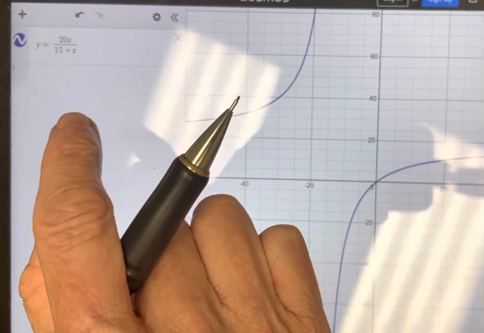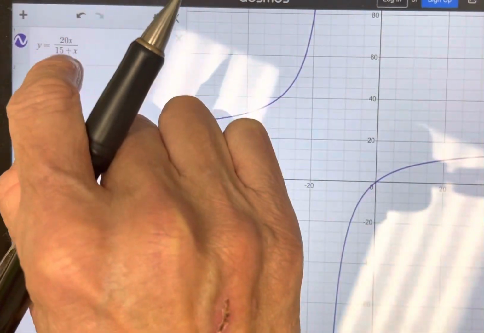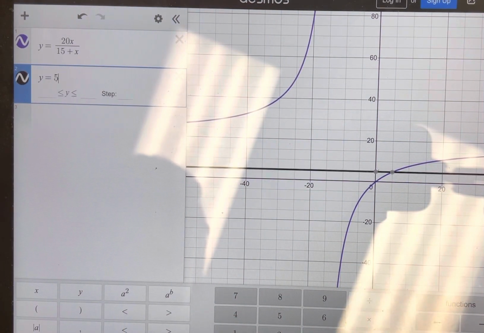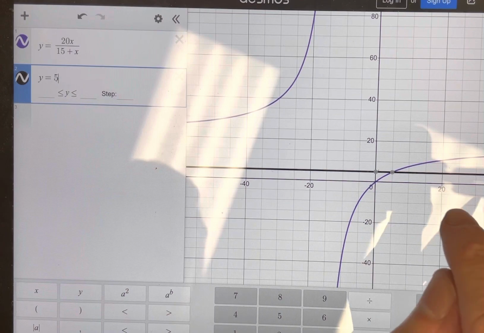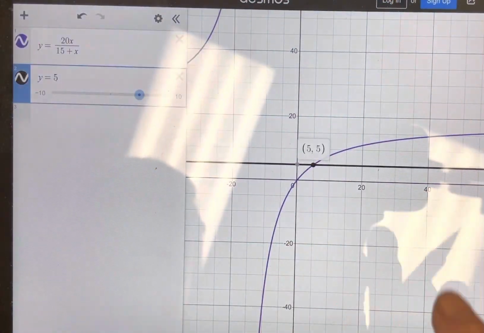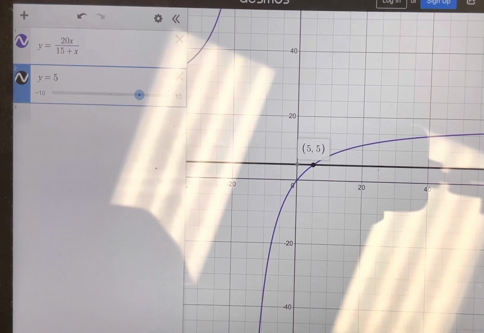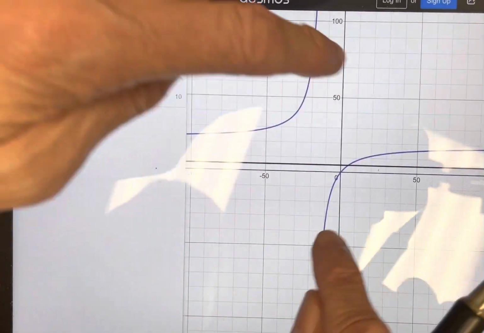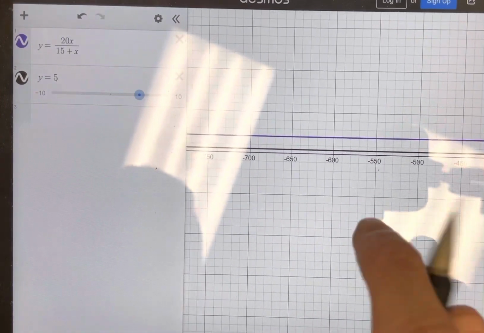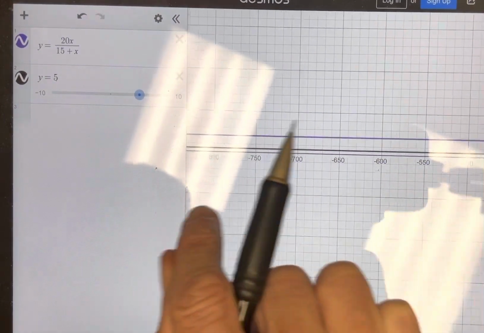Okay, y equals, that's the right side. When y equals 5, that's the left side. And it looks like we've got one here. The answer is 5 there. Do we have one on the left side? The answer is no. If the asymptote is above it, it's never going to cross.